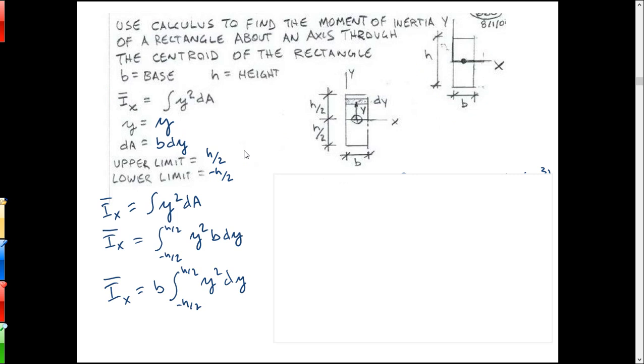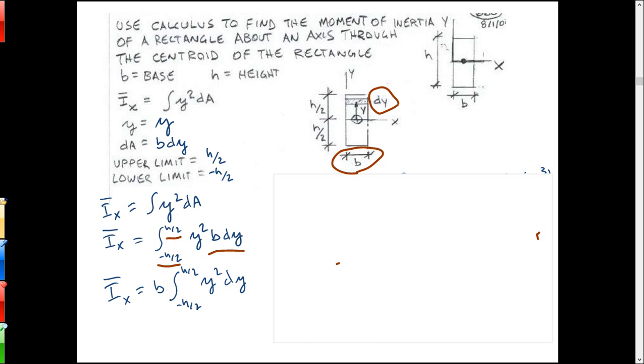So then we just do a little bit of calculus here. So we've got the integral of y squared dA. Y squared is just y, that distance we're measuring, squared. The area will be the base of the rectangle times dy. And we're going to start at negative h over 2, and we'll finish at positive h over 2.